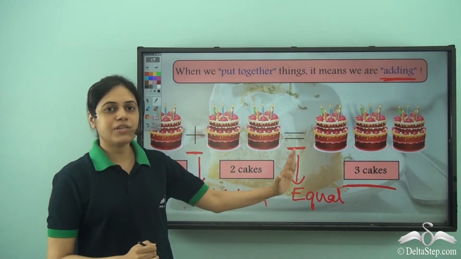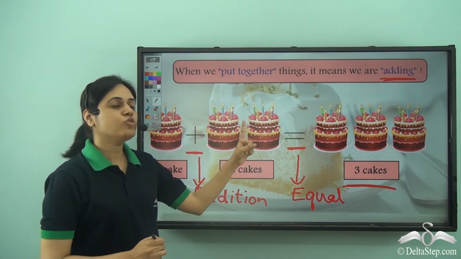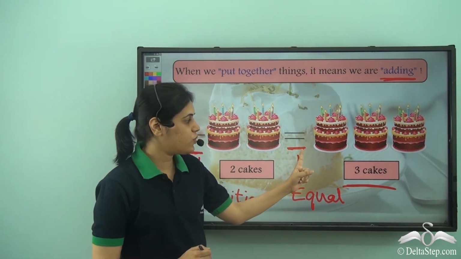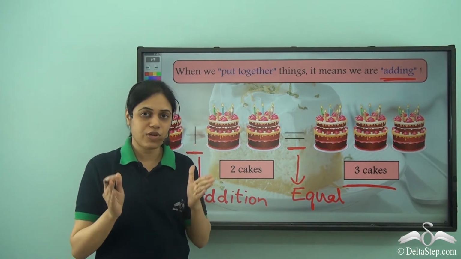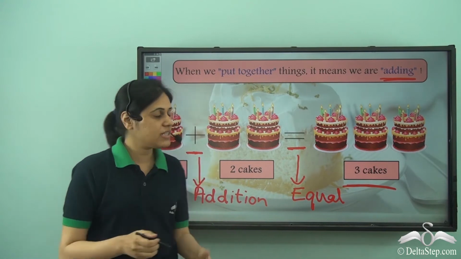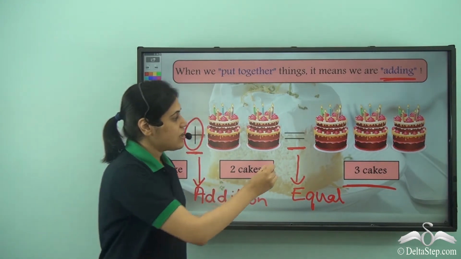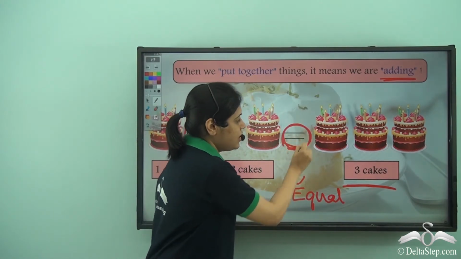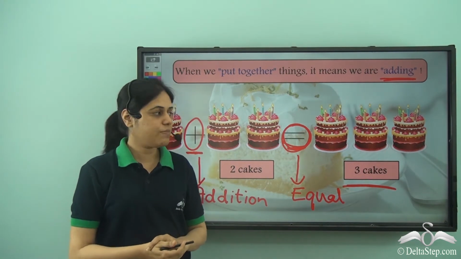So how do we read this? One cake added to 2 cakes is equal to 3 cakes. So when we are putting together 2 things or we are adding 2 things, we use this symbol, and before the result we use this symbol, which is the equal to symbol.